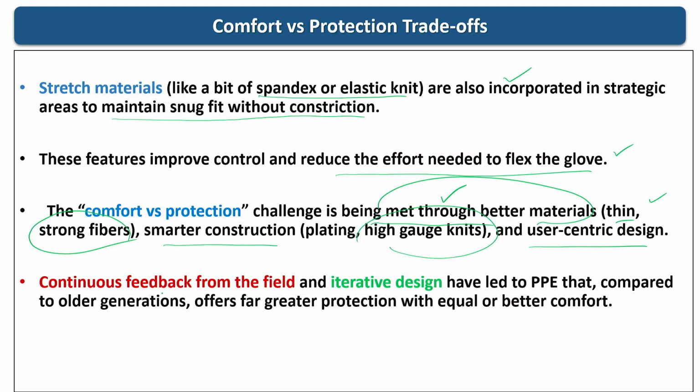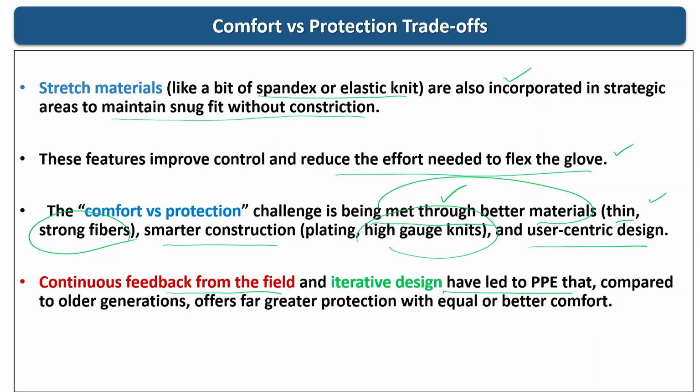and also continuous feedback from the field, from the user. One has to get continuous feedback and interactive design to have a better PPE. So, continuous feedback from the user, because we know we can test the protection, but feedback from the user is needed on the type of ergonomics, whether it is restricting the body.